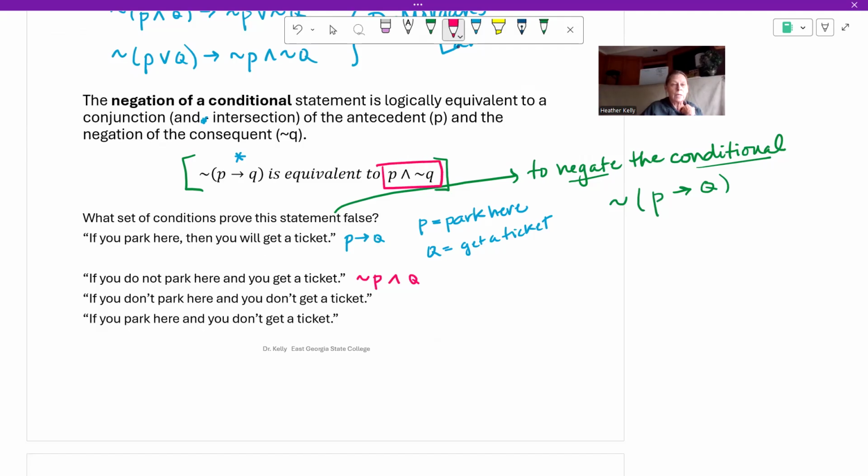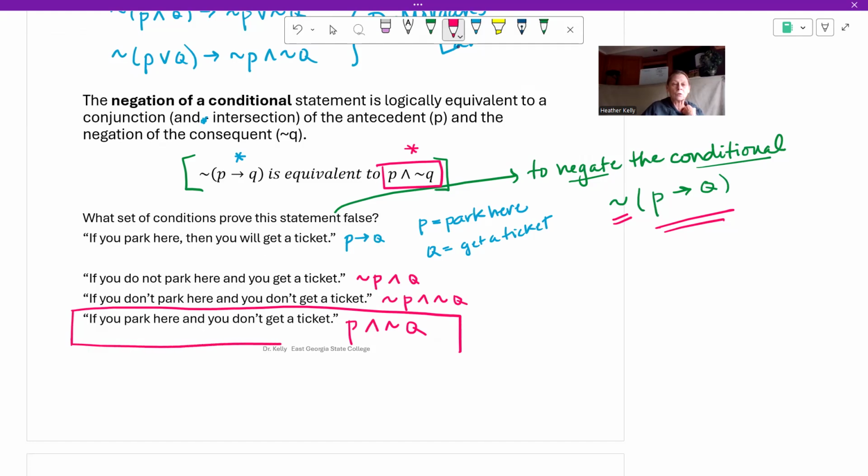Okay, so let's look at the next one. If you don't park here, so not P, and you don't get a ticket. Again, that's not the form we need for the negation of the conditional. So if you park here, oh, this is looking pretty good, and you don't get a ticket. So this is the statement that proves the conditional statement is false.